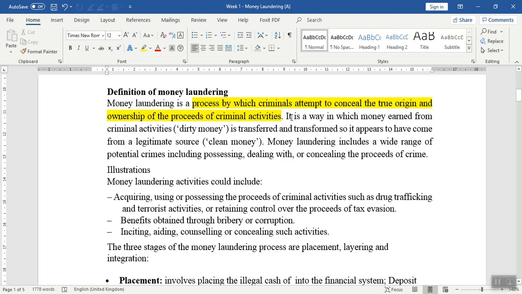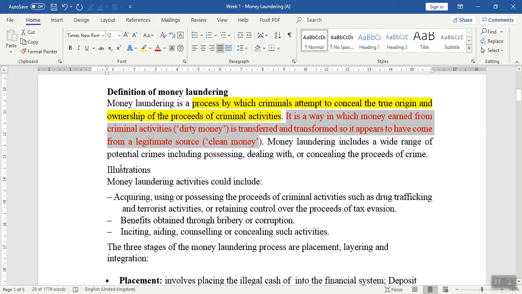So it is a way in which money earned from criminal activity, so-called dirty money, is transferred and transformed to appear legitimate, to become clean money. It is in cash form. Normally money laundering is in cash because it is difficult to trace by the authority or auditor.